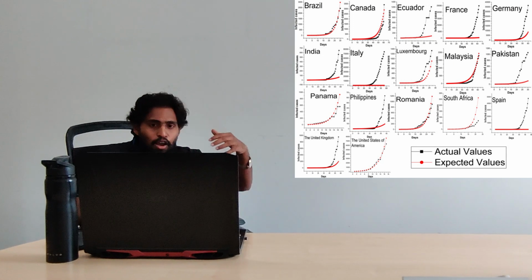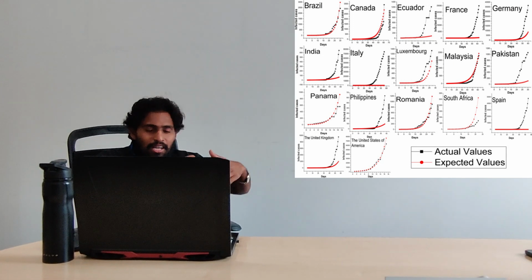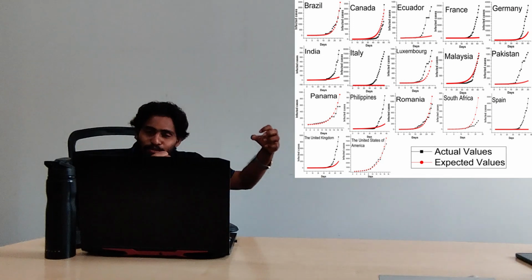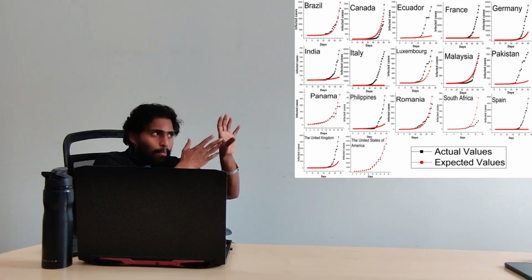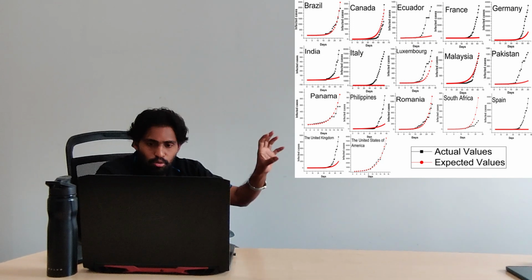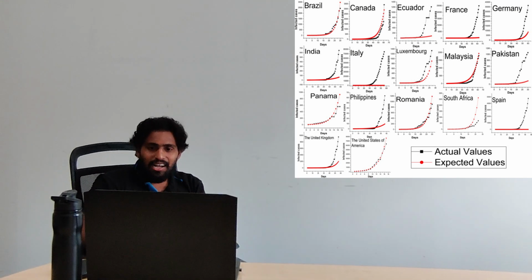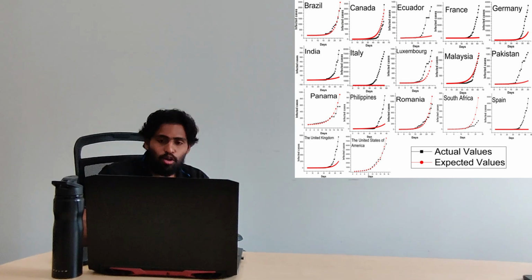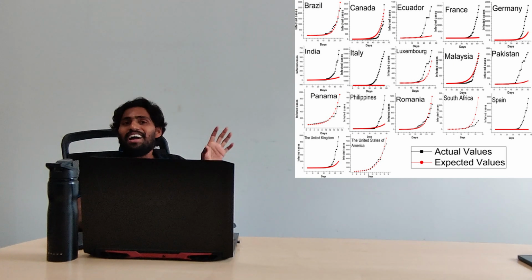For Brazil and Canada, the actual infection values and expected values are the same. Expected value is nothing but modeled with a certain mathematical equation. So the modeled value and the actual value are by and large the same. And for India, Malaysia, Panama, South Africa and others, they follow the same thing. That's what I am doing as well.